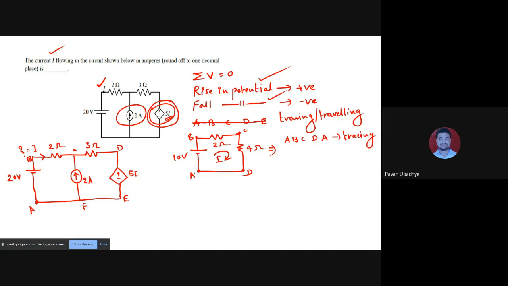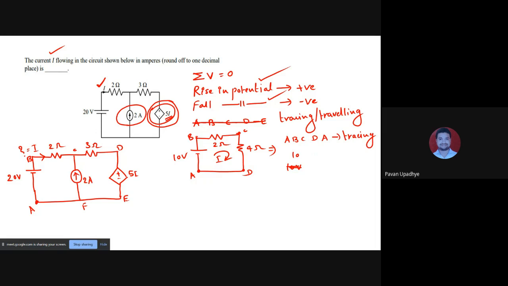So we are moving from A to B. While moving from A to B, you come across a battery of 10 volt. When you come across a battery of 10 volt, you are supposed to write 10 only, not plus or minus; plus or minus we will discuss later.